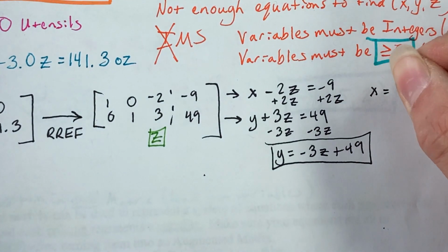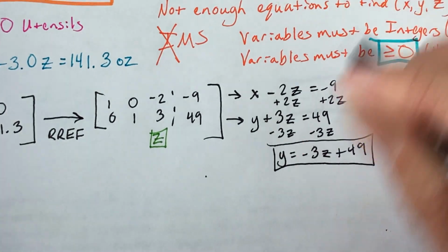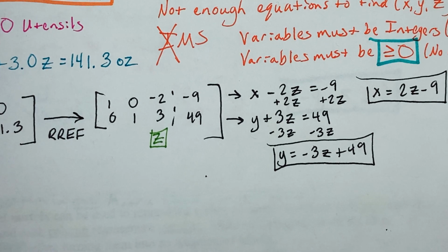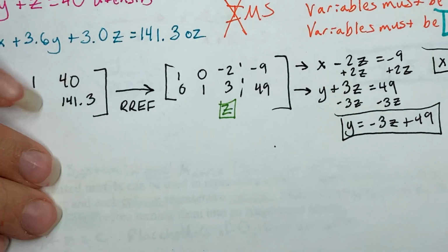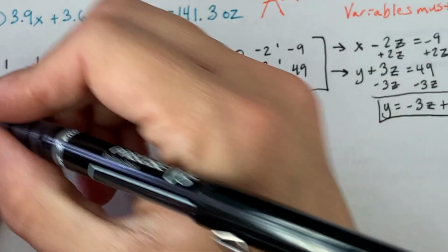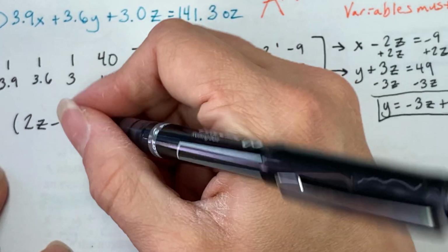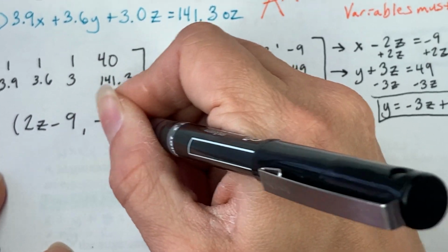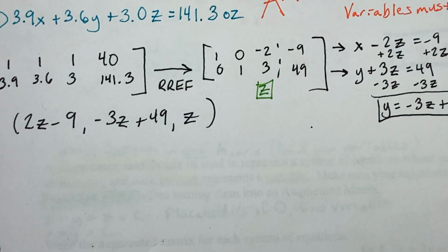And X equals 2Z minus 9. So those are my expressions for X and Y in terms of Z. So my coordinate solution will be 2Z minus 9 for the X, negative 3Z plus 49, and Z.